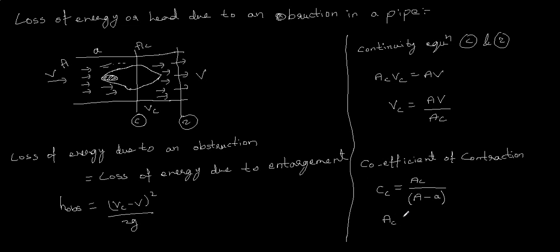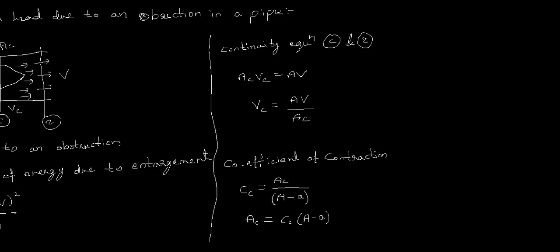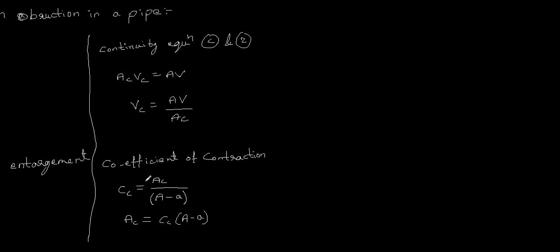After striking the solid body only we face the contraction of area. So AC can be written as CC into capital A minus small a. This is the equation we got for AC. Substitute this AC in the above equation. So VC is equal to AV by CC into capital A minus small a.